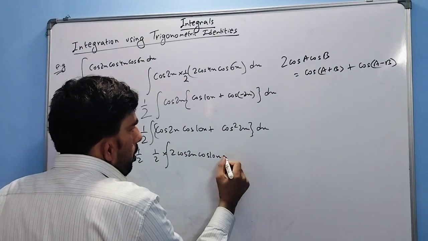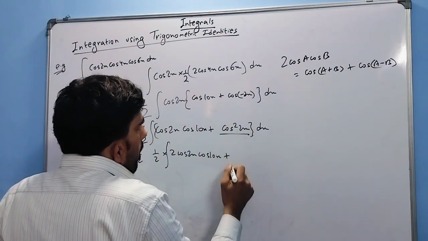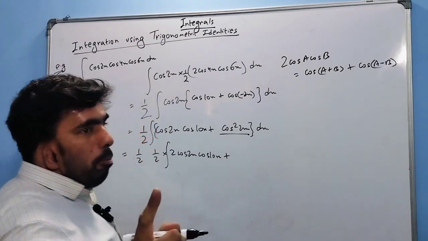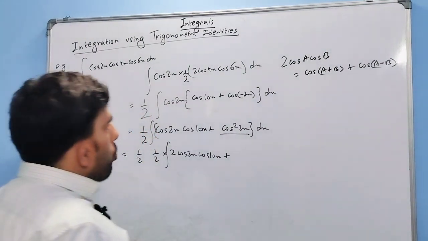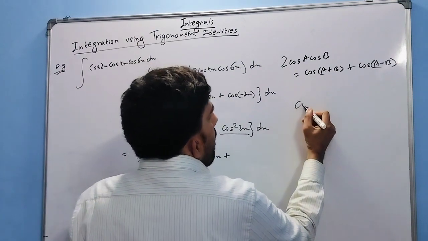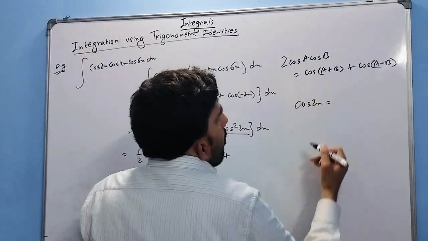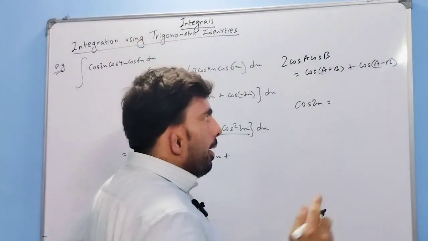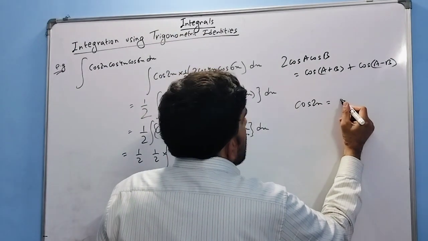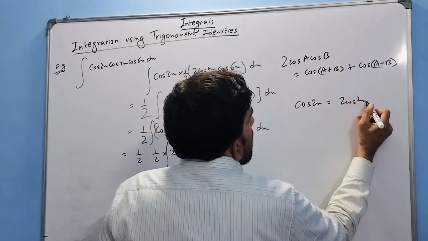Okay, and here we'll apply the formula for cos square 2x. Now we all know the formulas here. For cos 2x, we have 3 formulas, but here we have seen one, that is cos 2x equals 2 cos square x minus 1.